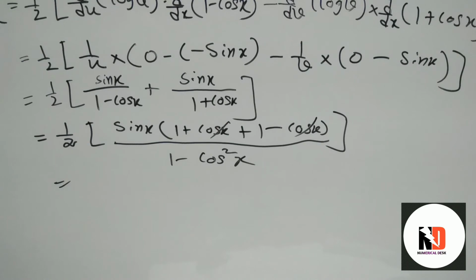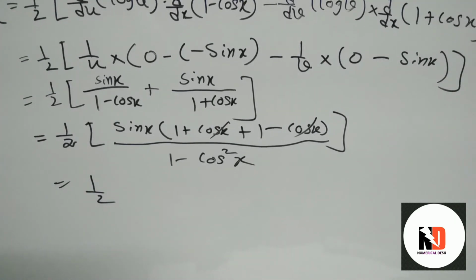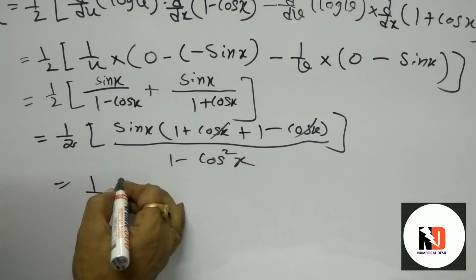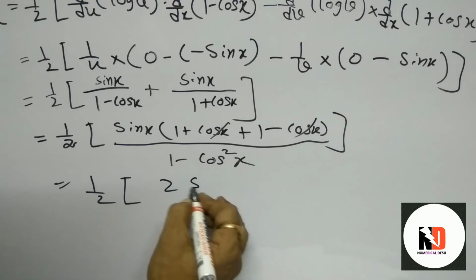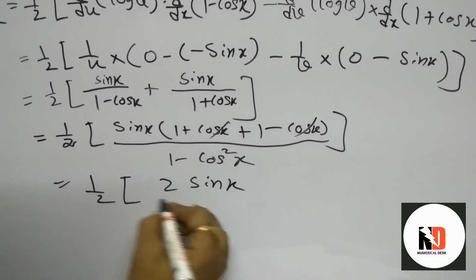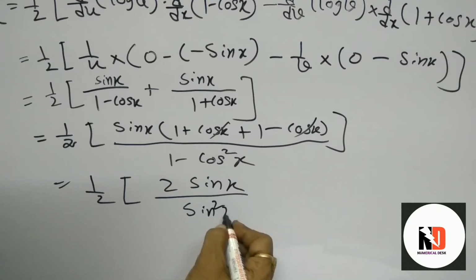Now inside there is 1 plus 1, which is 2, so it is half into 2 sin x, and 1 minus cos squared x is equal to sin squared x, so I am writing sin squared x.